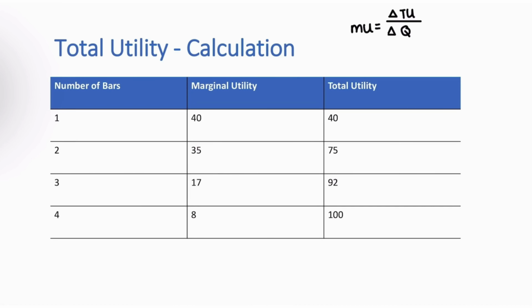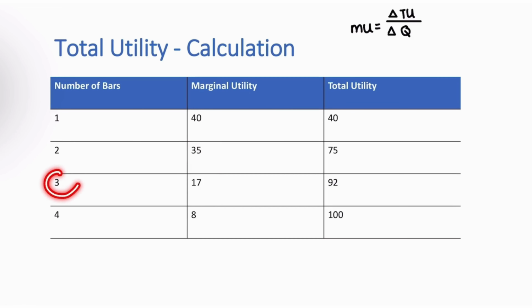Let's look at how to calculate total utility from this table below. As we said previously, total utility is the sum of the marginal utilities of each unit consumed. Let's look at the example of 2 chocolate bars. Our total utility is 75 because we're adding the marginal utility 1 and marginal utility 2. So 40 plus 35 gives you 75.